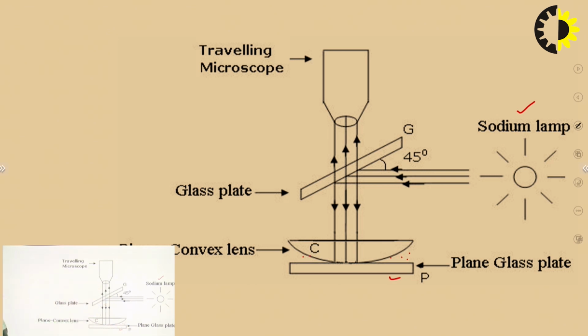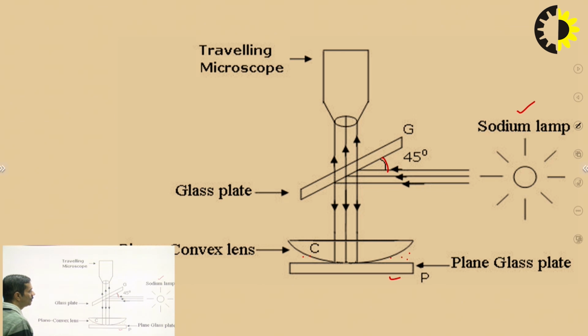How are the rings formed, and how is the interference pattern observed here? The light is incident on a glass plate G, which is put at an angle of 45 degrees to the incident light. After reflecting from this glass plate, the light is incident on the system formed by the plane glass plate and the plano-convex lens.